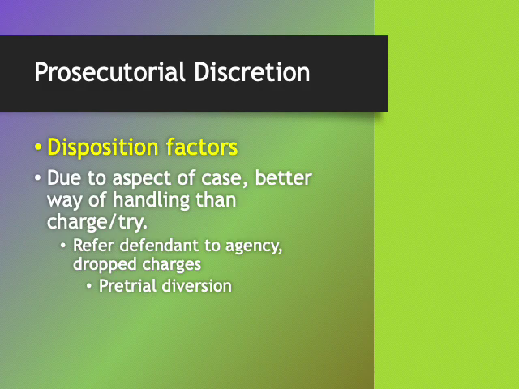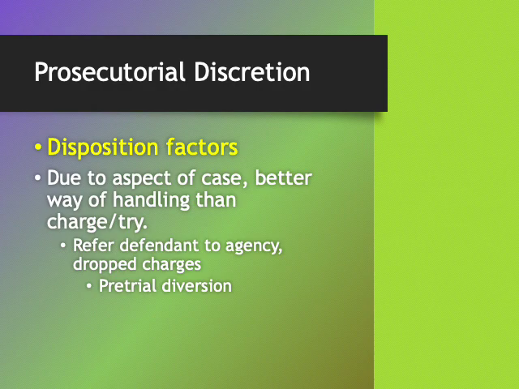What that means is that we will basically agree to expunge or waive charges if a defendant does certain things, right? They might refer a defendant to an agency, like for drug addiction or for job training or for anger management. And if they go through the requirements from the agency, then the charges will be dropped.